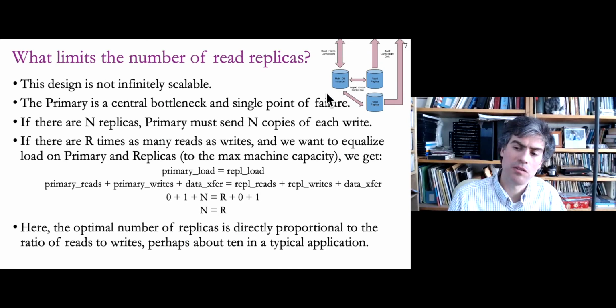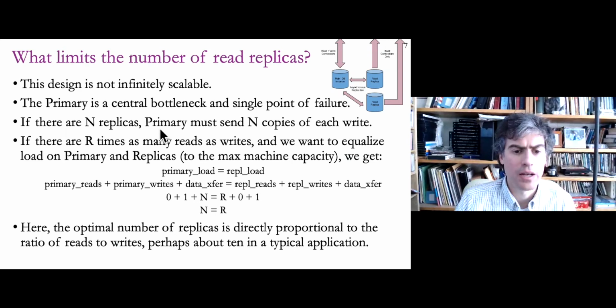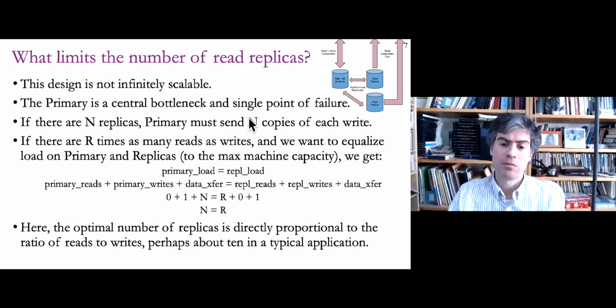So whenever there's a write, that needs to be copied to all the read replicas. So the exercise is as follows. If we have n replicas, then every time there's a write, there's actually n times as much work that the main database needs to do. That's basically the crux of it.